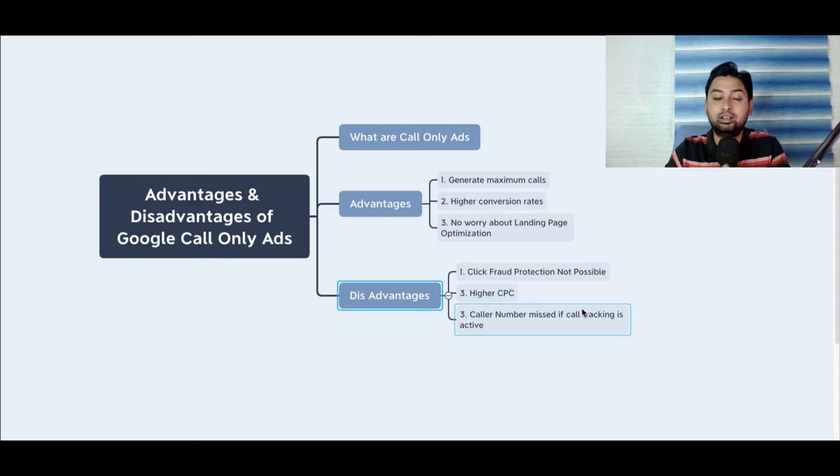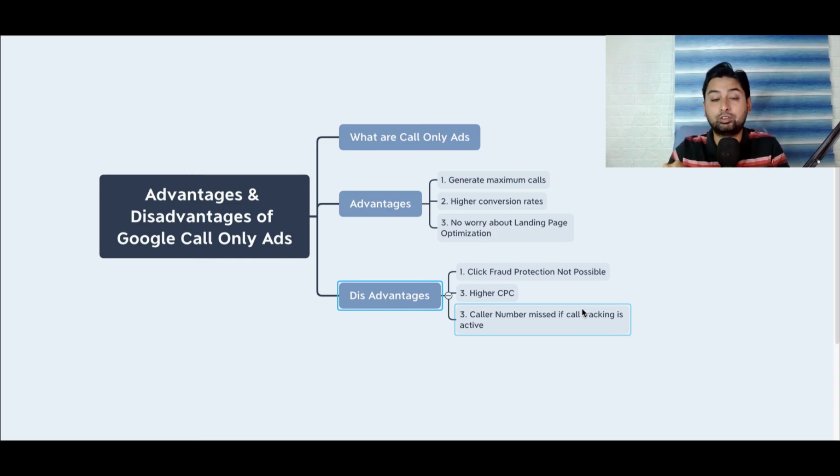The third disadvantage is the caller number, right? Just imagine when you're running a call only ad, if you have turned on call tracking or conversion tracking for these calls, what Google will do is whenever your user is calling, the call comes to your mobile phone from a Google number. Even the user will be able to see a Google number, not directly your business number.